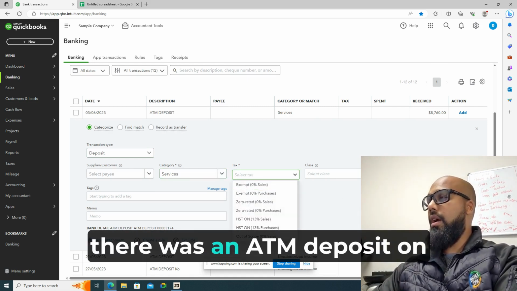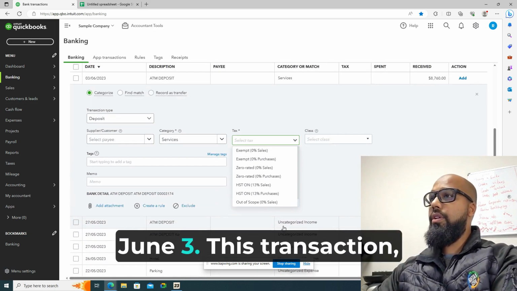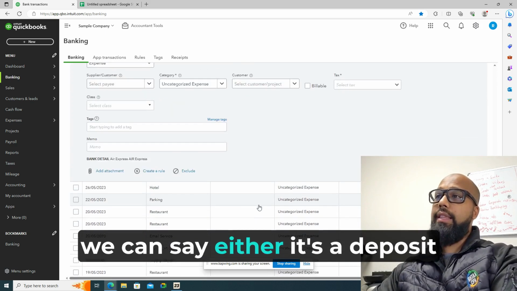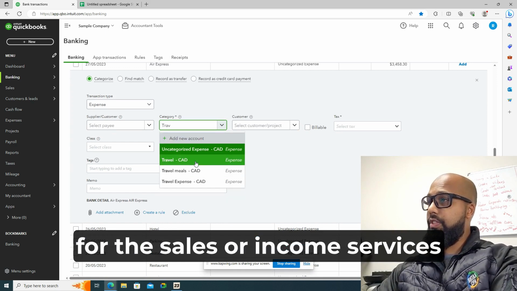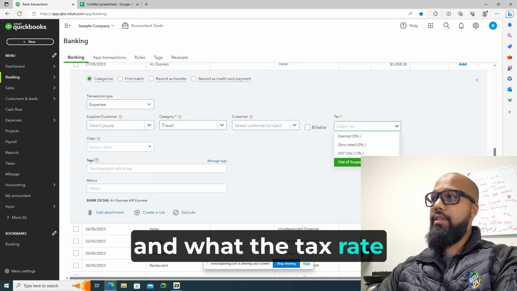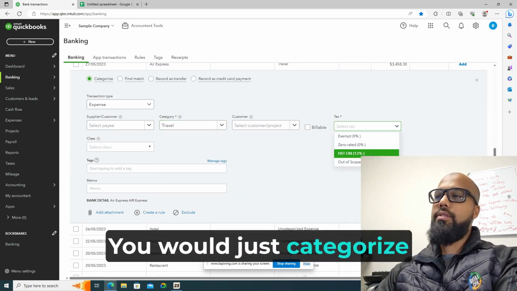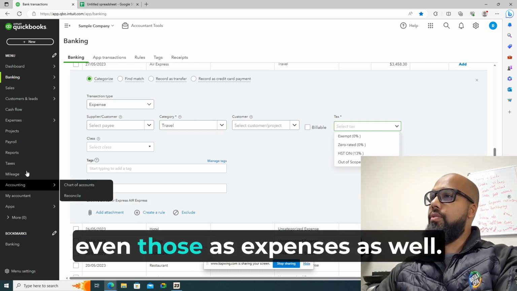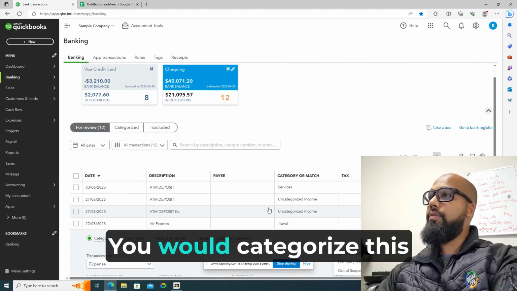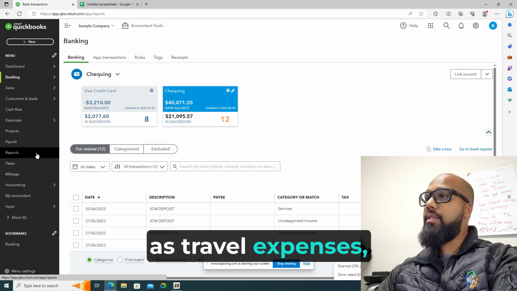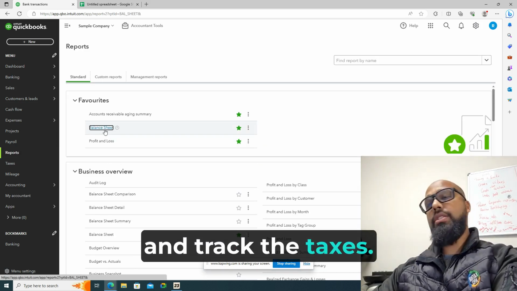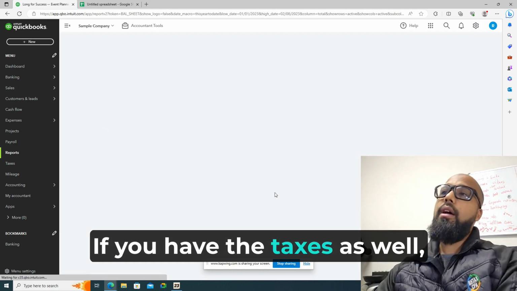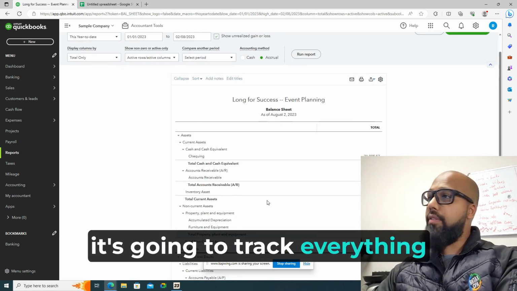So for example, there was an ATM deposit on June 3rd. For this transaction, we can say it's a deposit for sales or income services, and what the tax rate is, etc. You would categorize expenses as well, for example as travel expenses, whatever the case may be, and track the taxes if you have them as well. It's going to track everything for you.